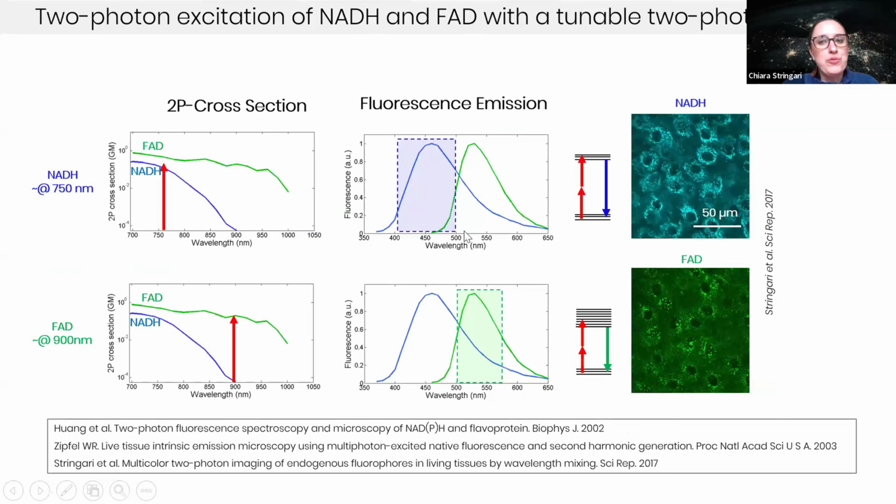In two-photon, you can use a tunable laser. You can excite NADH around 750 nm and collect with a blue filter, and 900 nm for FAD excitation and collect in the green.